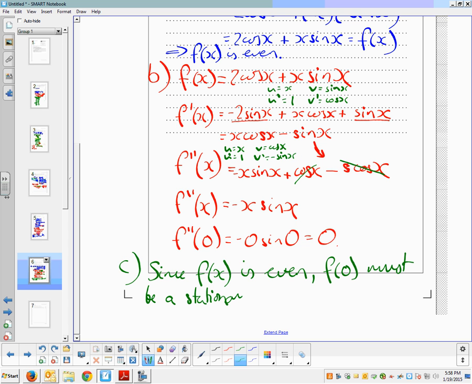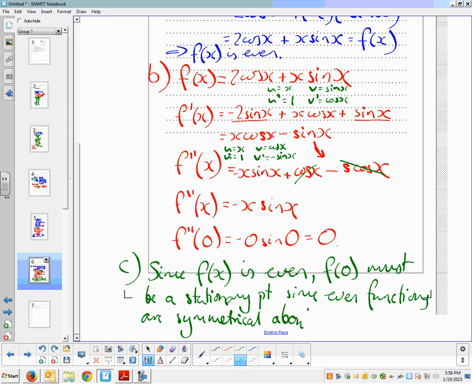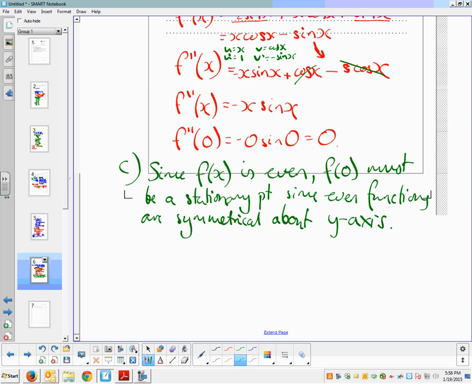Because even functions are symmetrical about the y-axis. Whatever's going on at the y-axis, it might be a maximum, but whatever's going on here must be replicated on the other side.